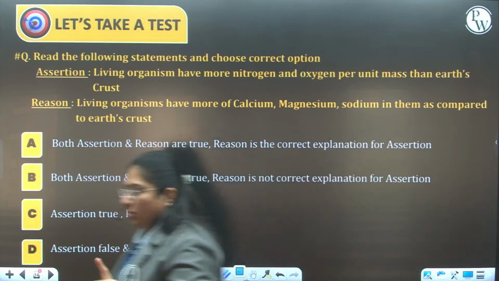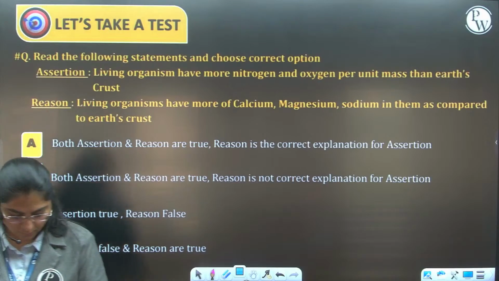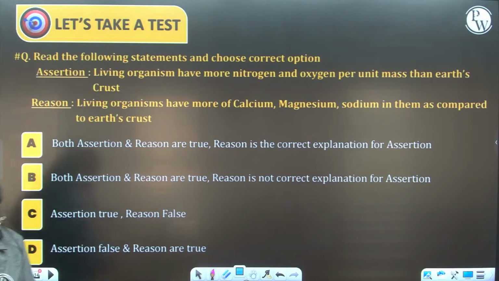I'm giving you a time of 15 seconds because it's very easy. So let's solve it. Try solving it in 15 minutes and send me the answers. Okay, I'm waiting for your answers.